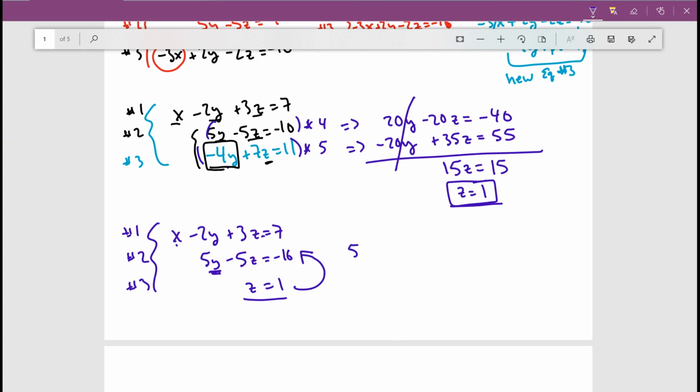Okay, so I'm going to have 5 times 1 minus 5 times z equals negative 16. I get 5 minus 5z equals negative 16. I subtract the 5 to the other side. Okay, so I'm going to get negative 5z is equal to, oh, that should not be a 16, that should be a 10.